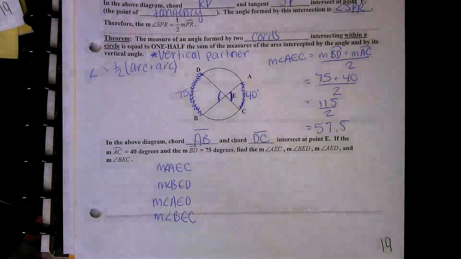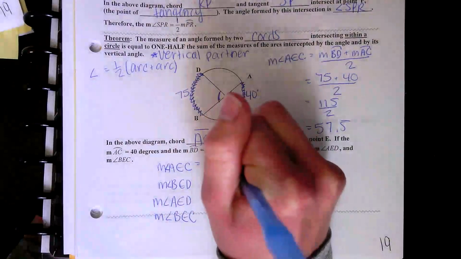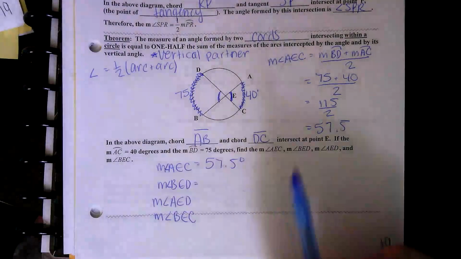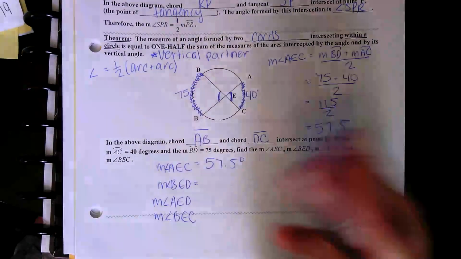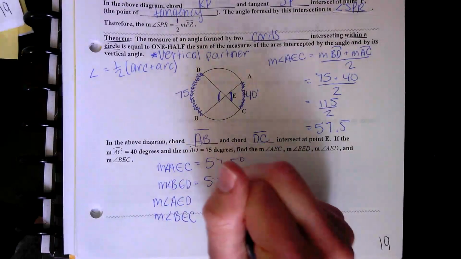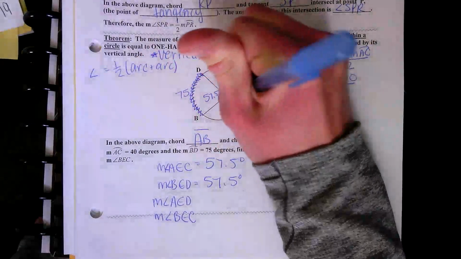So the measure of AEC is 57.5 degrees. Since BED and AEC are vertical angles, they're congruent, so the measure of angle BED is also 57.5 degrees. Let's write that in our diagram here.